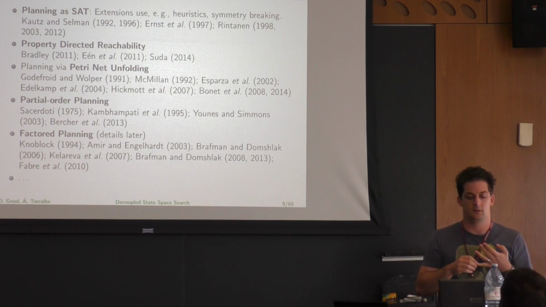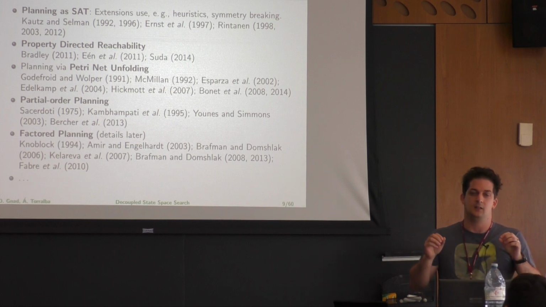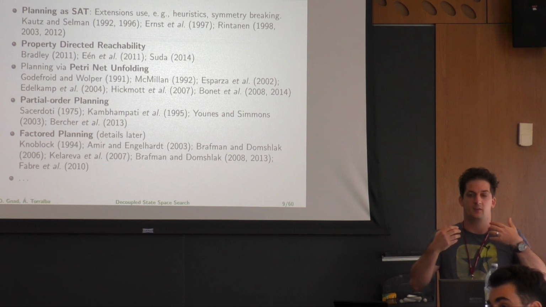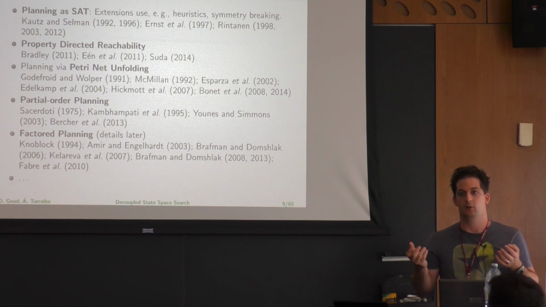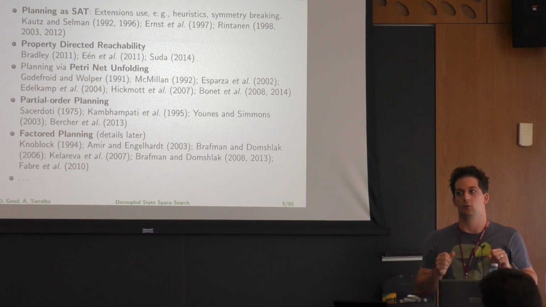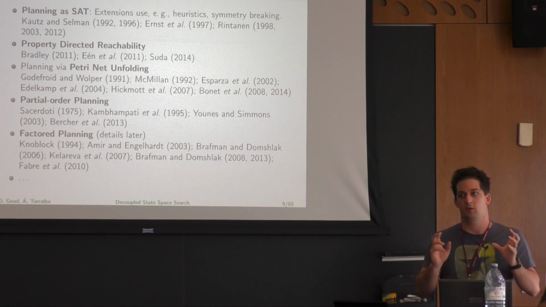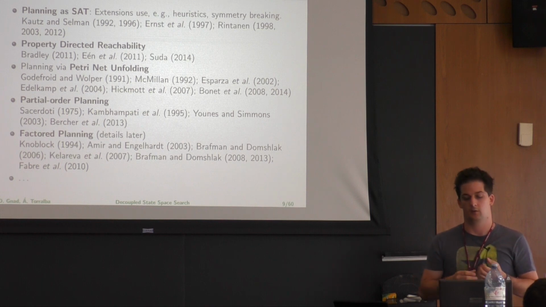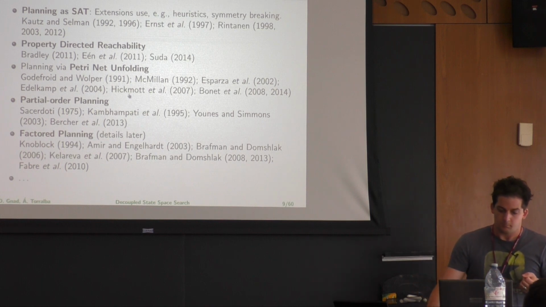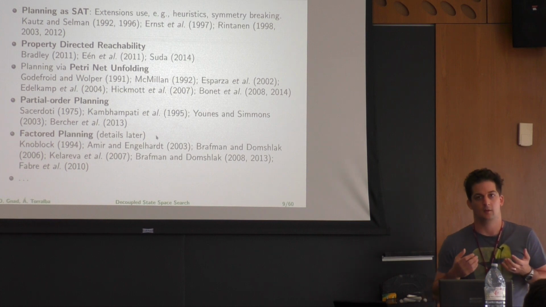We will go into details later, and the costly operation of determining the extensions of the unfolding, which is NP-complete for the Petri net unfolding, is a lot easier to do in decoupled search. But there's certainly some relation. We don't have any formal proofs about this yet. We're working on it.